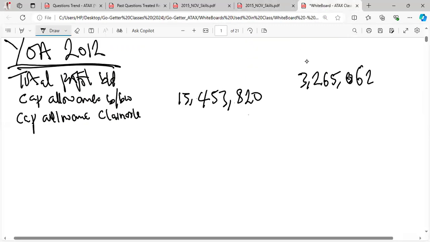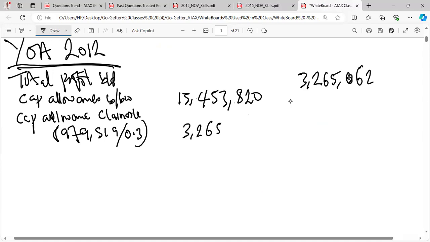You simply say 979,519. Now you say divided by 0.3. Of course, we did it before we got this figure. So it means that this is the figure, 3,265,062. This is what you are going to claim.